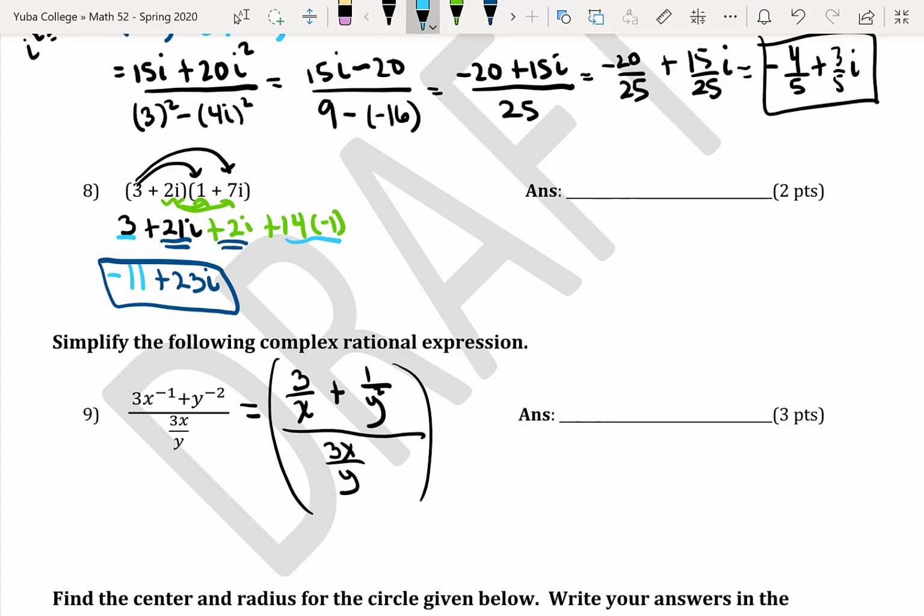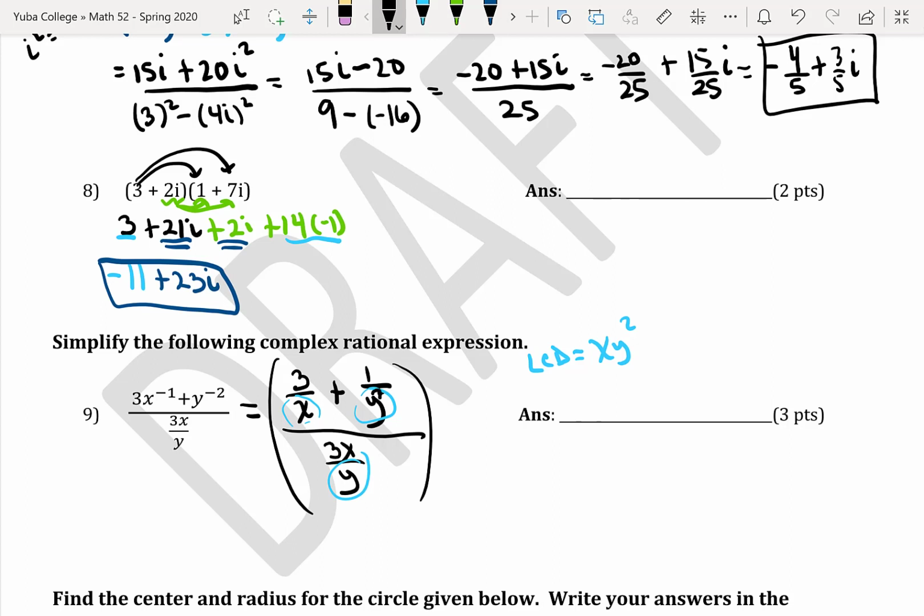Once you figure out what that LCD is, you multiply by that fancy one, and this time the fancy one is going to be xy squared all over xy squared.